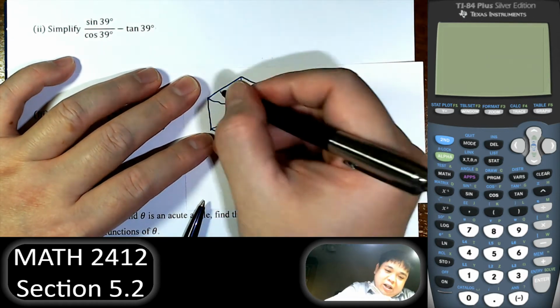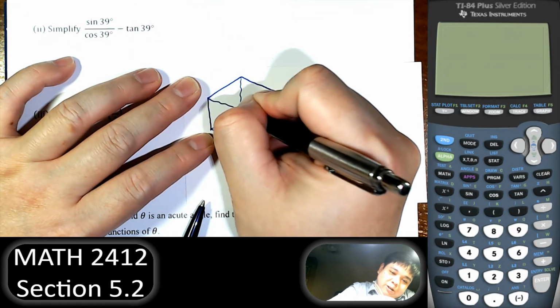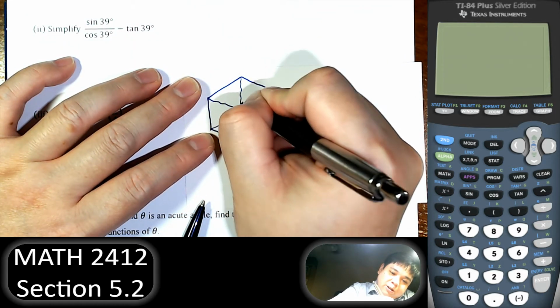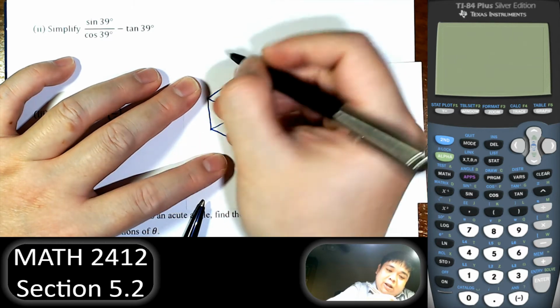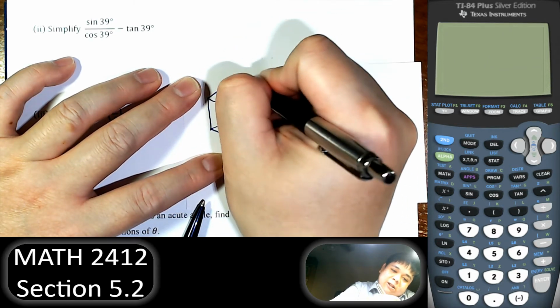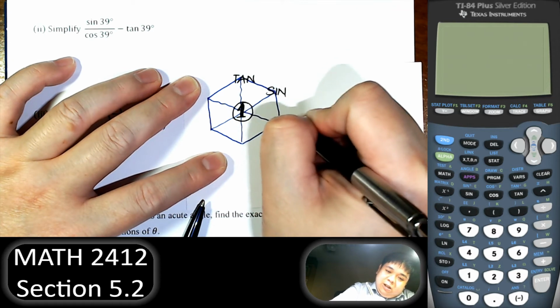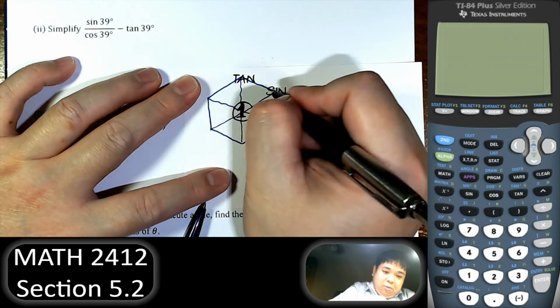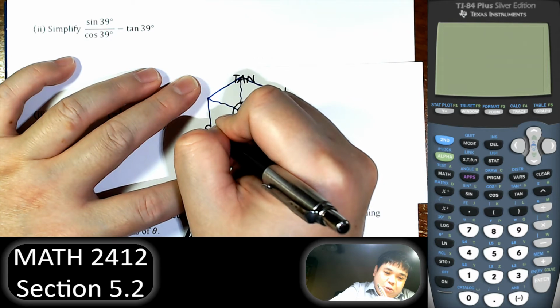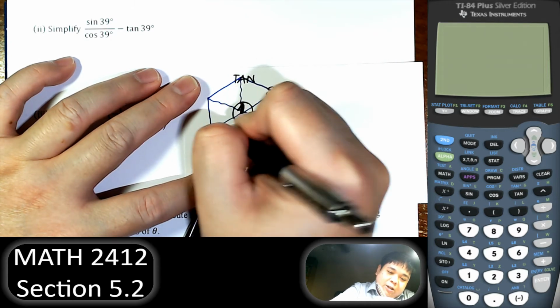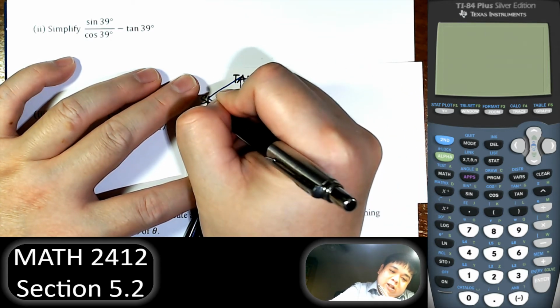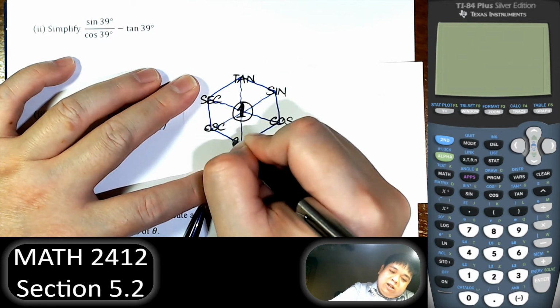We have 1 in the middle. And then tangent, then sine and cosine. And then opposite to sine will be cosecant. Opposite to cosine, secant. Opposite to tangent is cotangent.